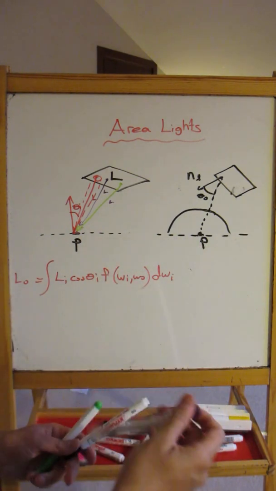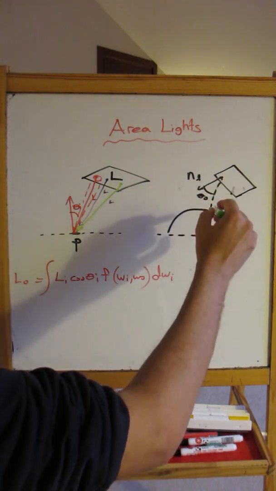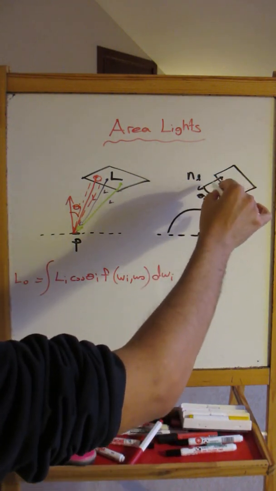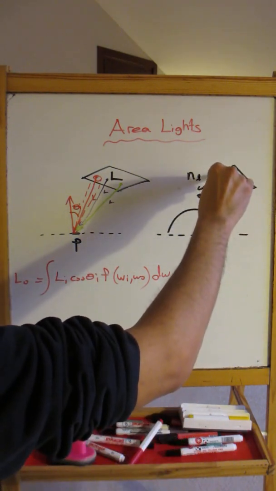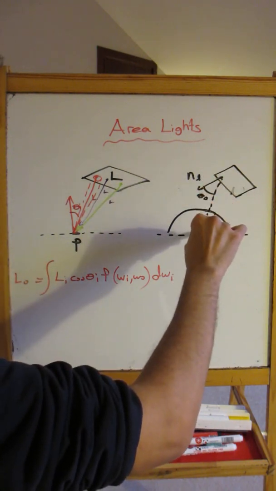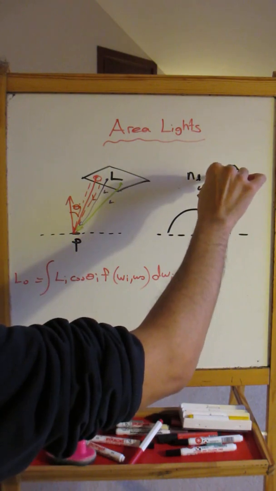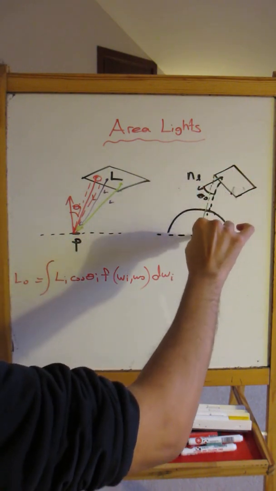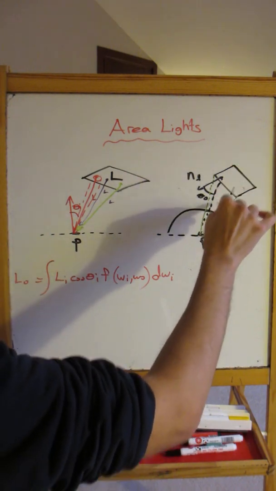Now the way to compute a solid angle is you take the object for which you want to compute a solid angle, and then you project it, basically towards your point. Okay, so let's connect this here.